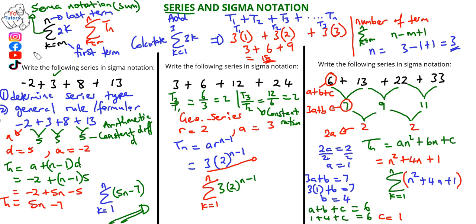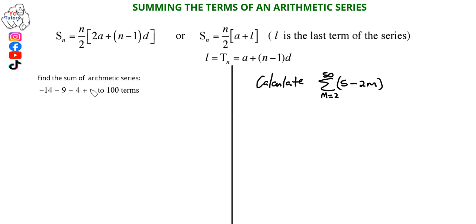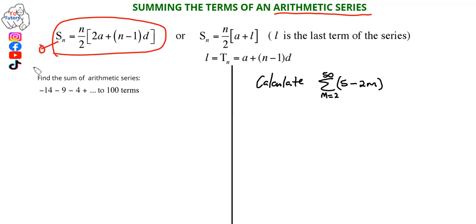Okay, now let's move on to the second scenario here, where we are looking at the summing of arithmetic series. Now we are focusing on arithmetic series only. When you are summing arithmetic series and they ask you to find the sum, we have the formula here. This formula is the sum of n terms.